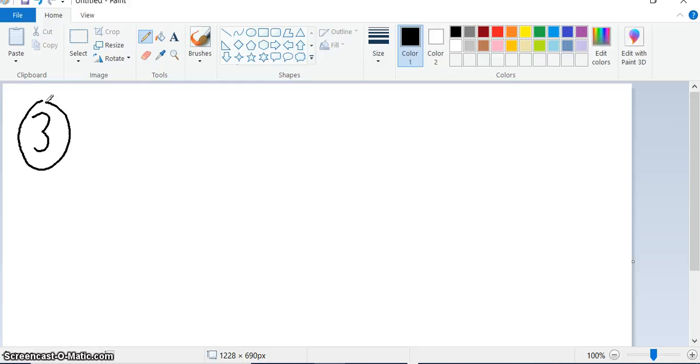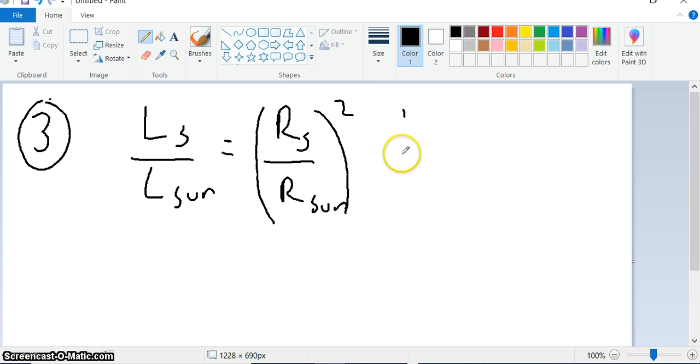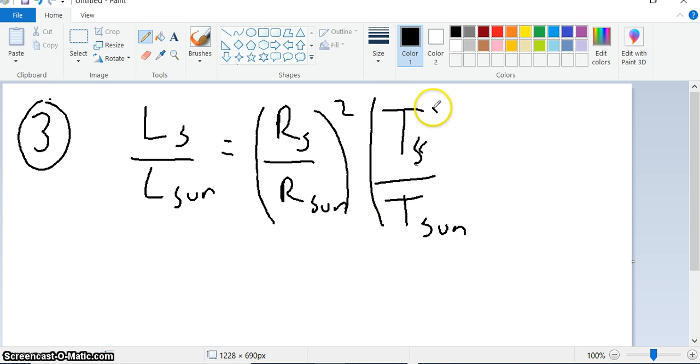The luminosity of the star divided by the current luminosity of the sun is equal to the radius of the star divided by the radius of the sun, squared, times the temperature of the star divided by the temperature of the sun, raised to the 4th power. That's the equation we're going to use.